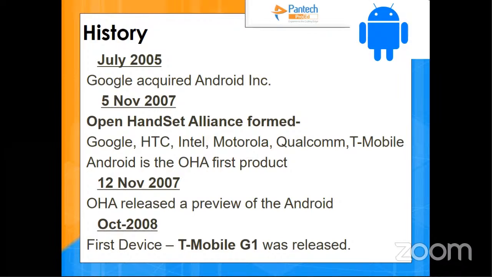What does Open Handset Alliance mean? I'm giving a real-time example. Taking the iPhone series and the Android series, for iPhone, whatever the model, you can see the same theme. For example, iPhone SE or iPhone 10X, whatever the series is, the theme does not change.